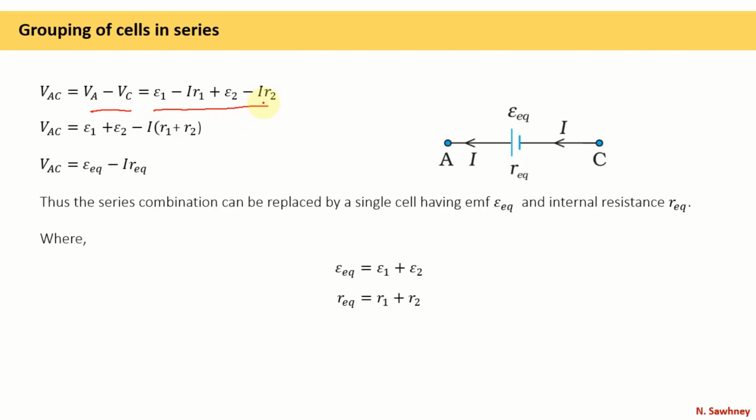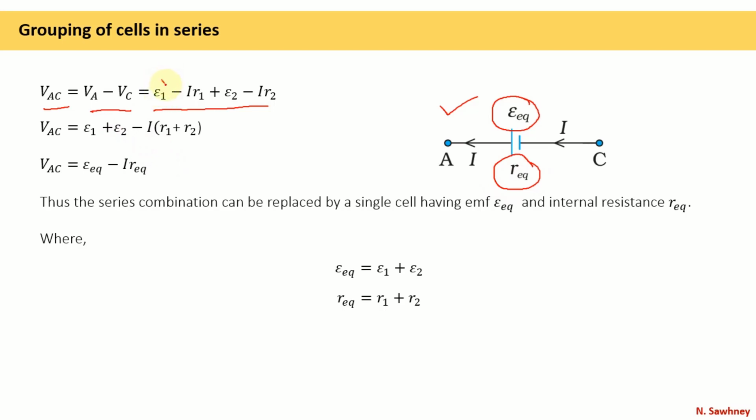VA minus VC is actually the potential difference across the terminals AC. That means the two cells in series combination can be represented as a single cell having an equivalent EMF, which is written in this manner, and an equivalent internal resistance written in this manner. How will it be expressed?